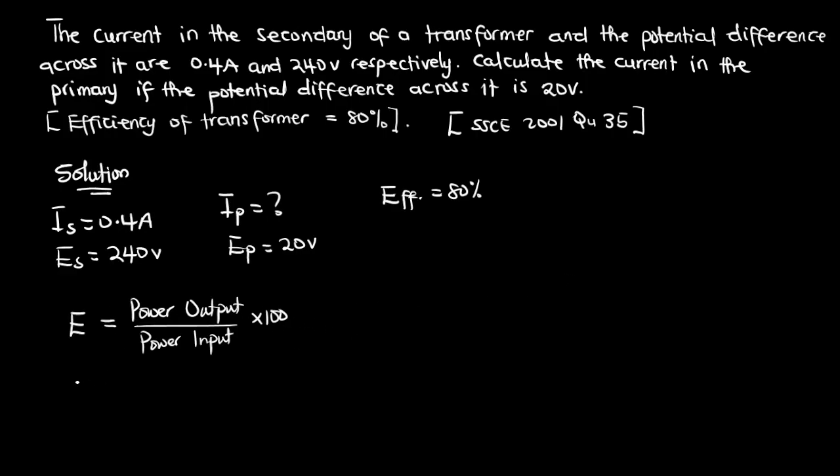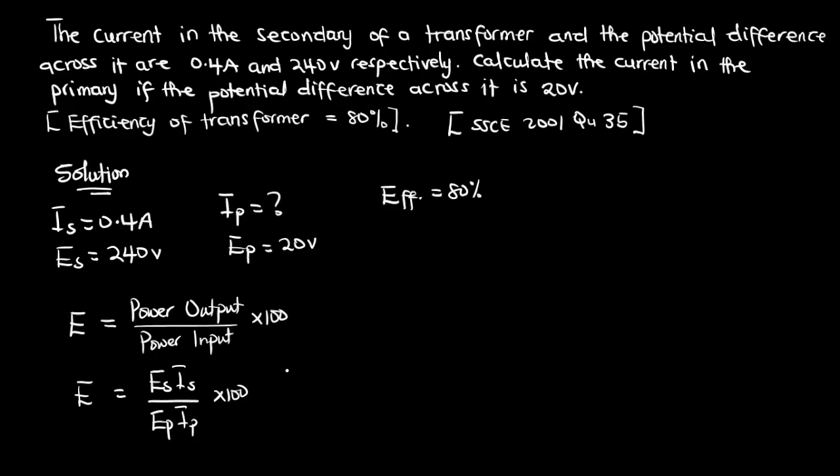So basically it means that our efficiency is equal to the power output, which is ES IS, over power input, which is EP IP, multiplied by 100. Are we okay? Now this is the formula that we're going to use to solve our problem, right?